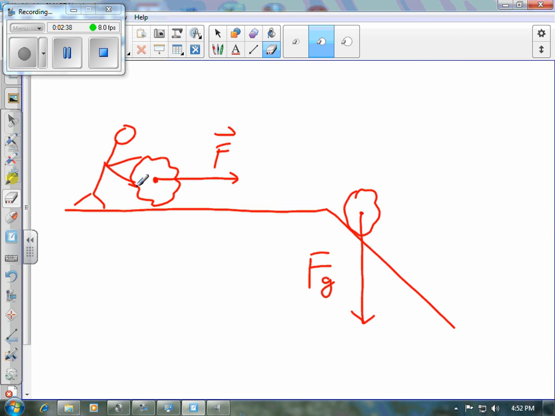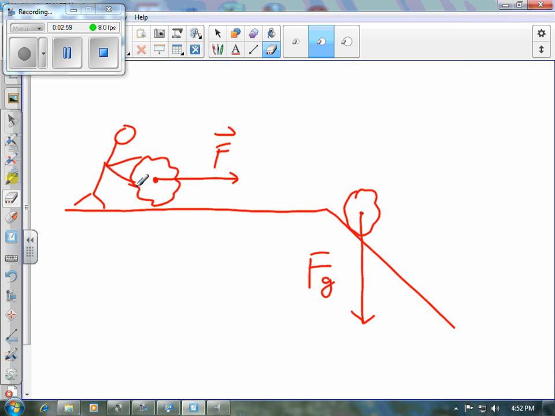Now we've got to take a little bit of a leap of abstraction or a leap of imagination, and this is where Newton and Galileo surpassed the science of Aristotle in a very direct way, because Aristotle was basing all of his physics on everyday observation.